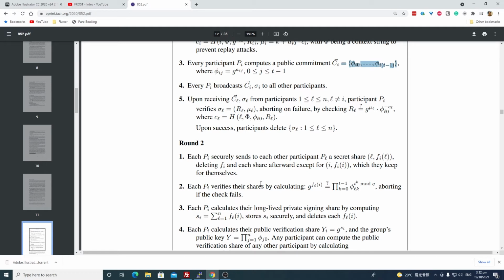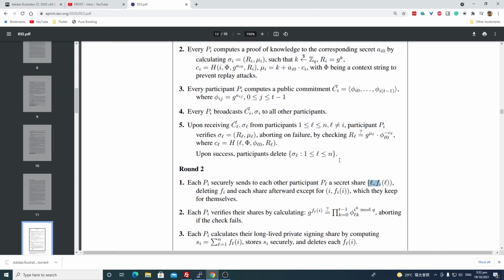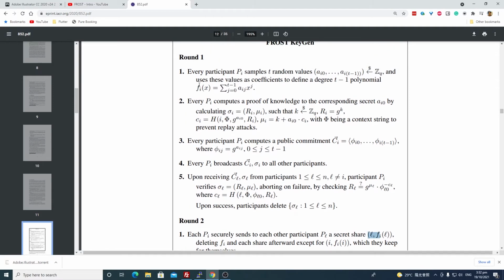Now in round 2, each participant securely sends to each other participant a secret share. So now the secret share is f_i(l). Okay, so this is the evaluation of this polynomial at values 1, 2, 3, 4, 5, and so on.